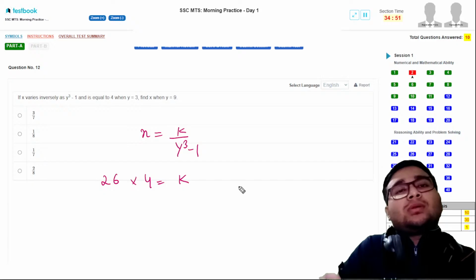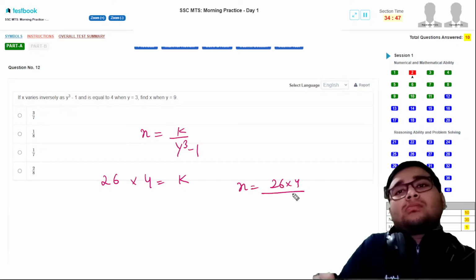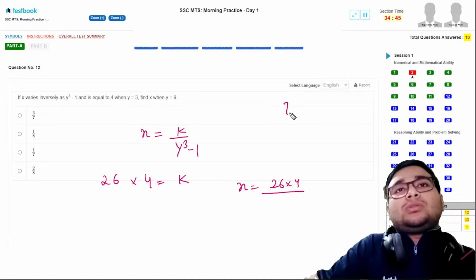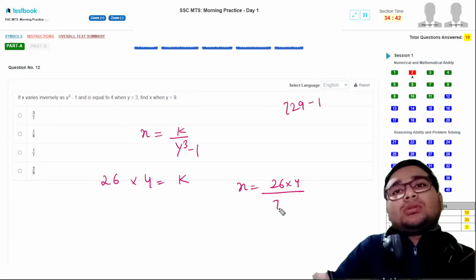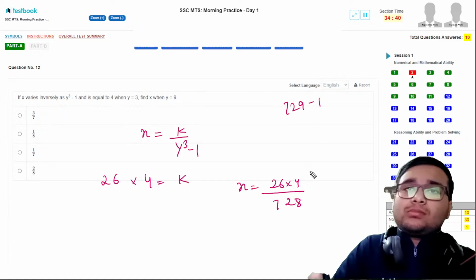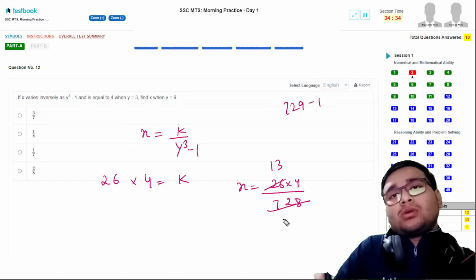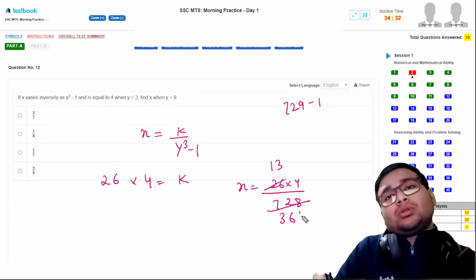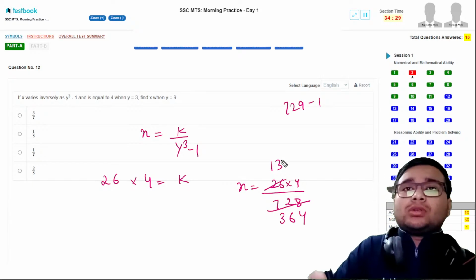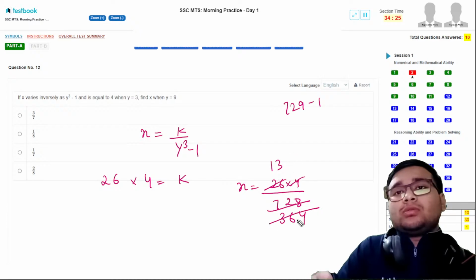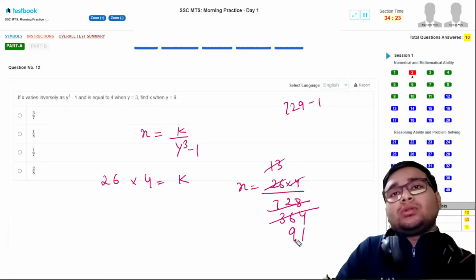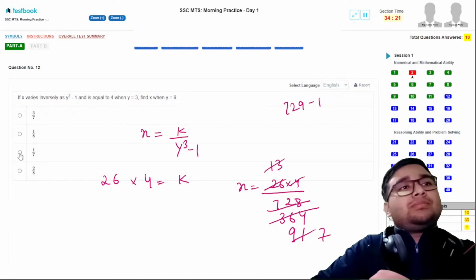Find x. 9 81, 729 minus 1, 728. 13 2, 13 1, 2 3 6, 2 6 12, 32, 4 9 30, 4 1 4 13, 7 1 by 7.